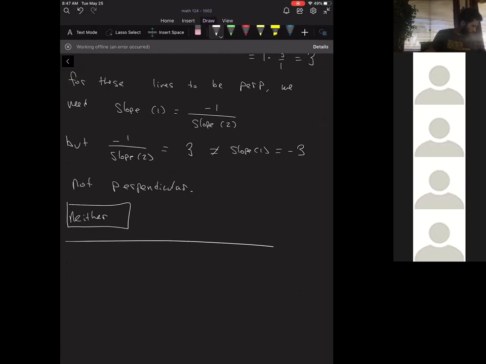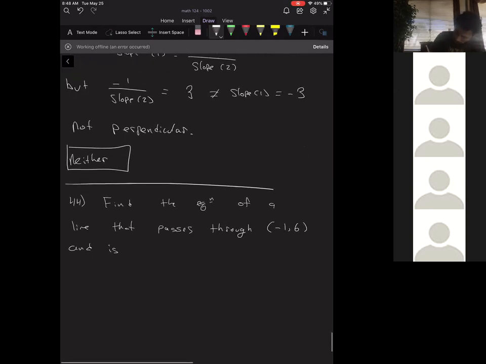Let's do 44. So we're given two things here. We're given a point, and then we're given an equation of a line. So say we want to find the equation of a line that passes through -1, 6, and is, we'll do two parts.